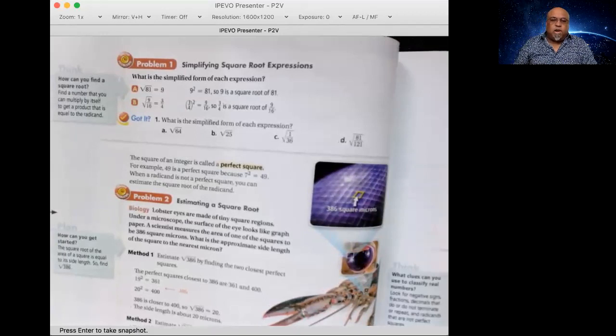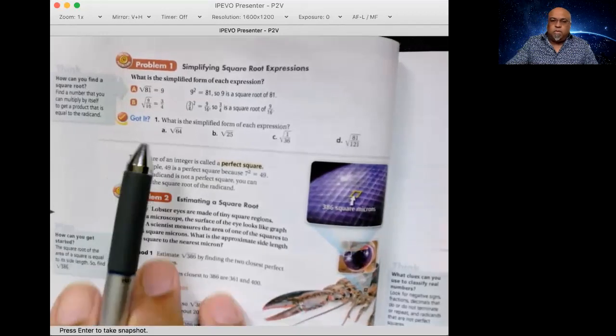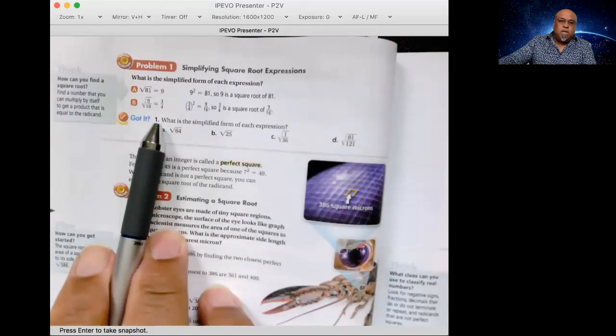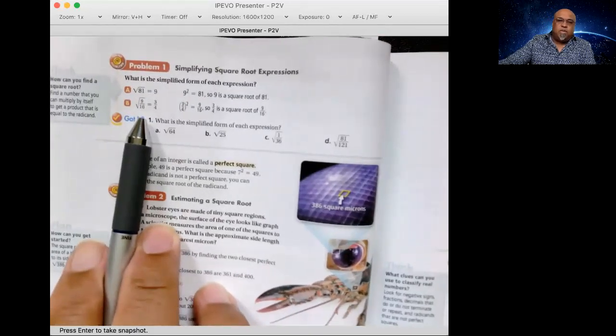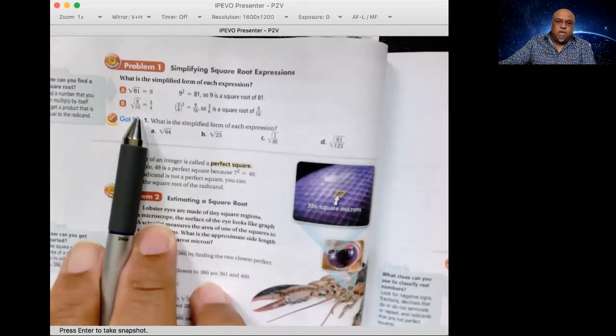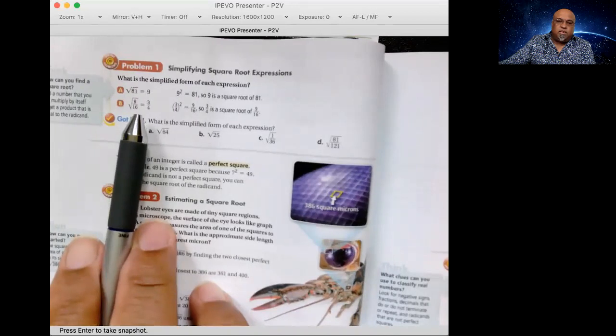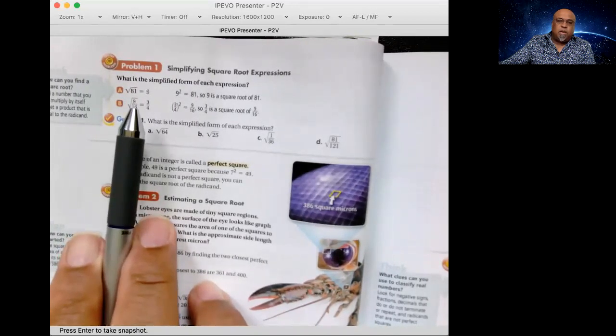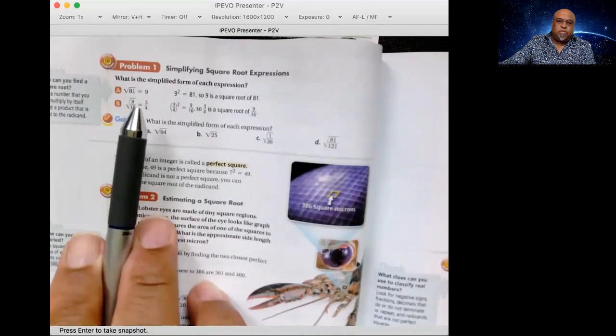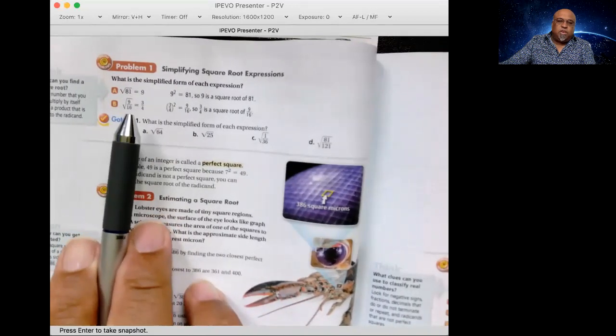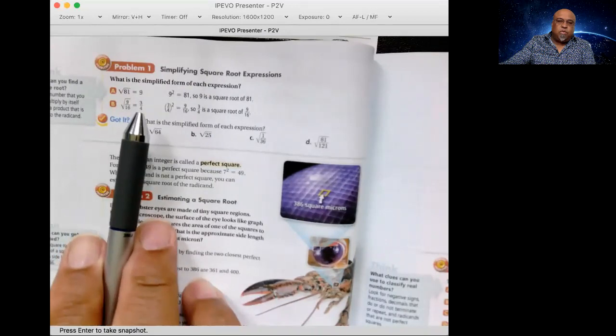Now let's take a look at the fractional one here. You may have learned this at some other point, but I have radical 9/16. Now, since 9 is equal to 3 times 3, and 16 is equal to 4 times 4, when I take it out of the radical symbol, the 9 converts to its square root of 3, and the 16 converts to its square root of 4.